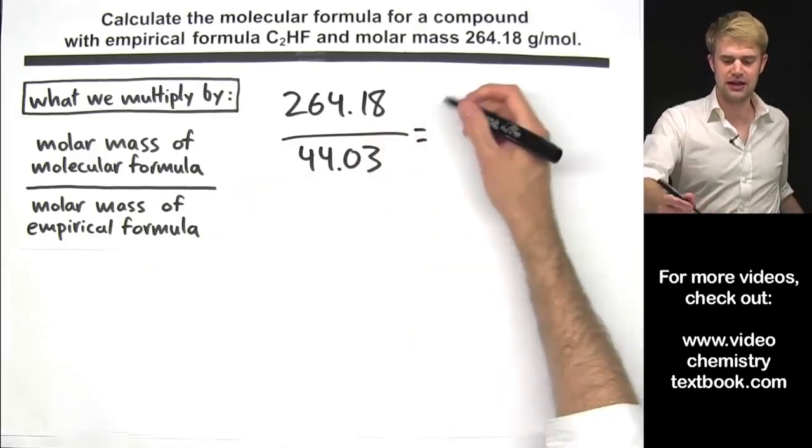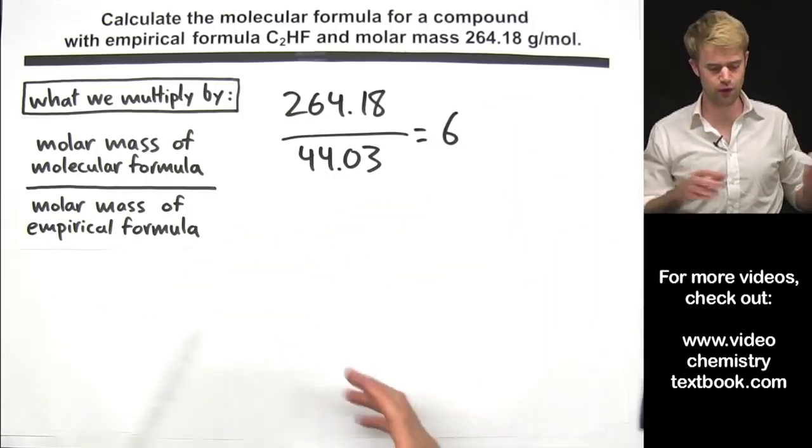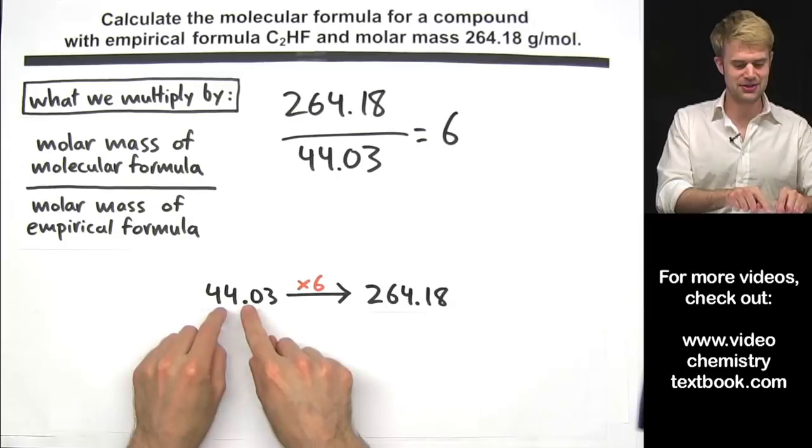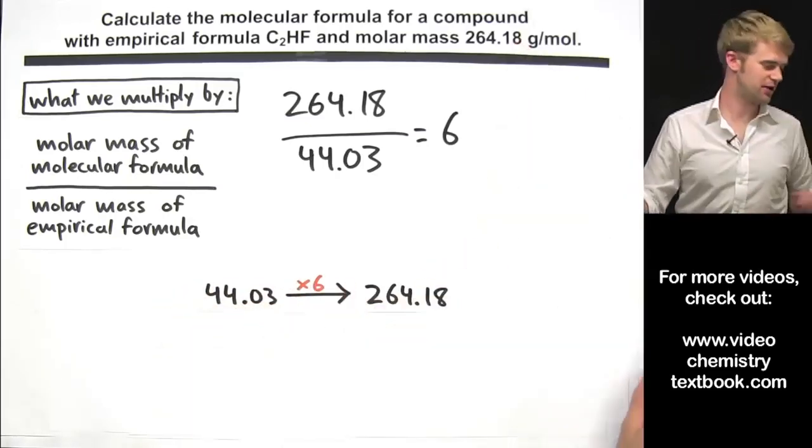This division gives us 6. This is what we have to multiply the empirical formula by. Molar mass of the empirical formula times 6 gives us the molar mass of the compound.